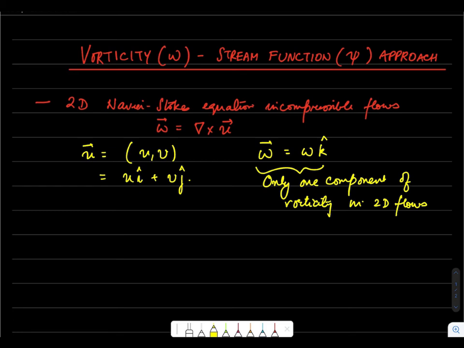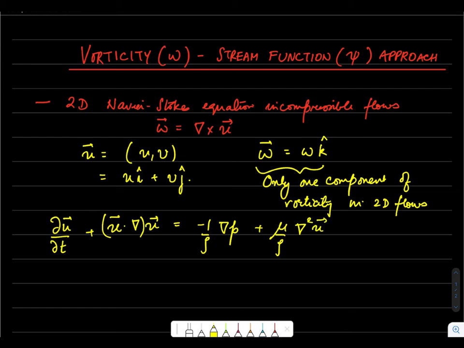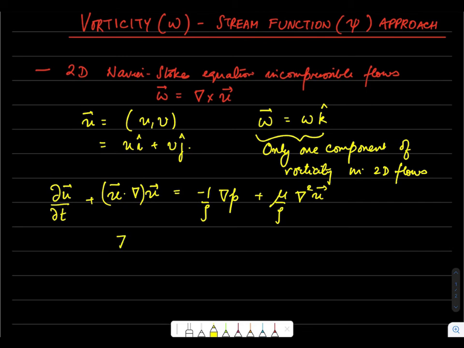Further, the momentum equation, which I can write as du dt plus u dot del of u equals minus 1 by rho gradient of p plus mu by rho del square u vector. The momentum equation and the continuity equation, continuity being del dot u is 0, are the two equations in what we call the primitive variables, the primitive variables being u, v and pressure.